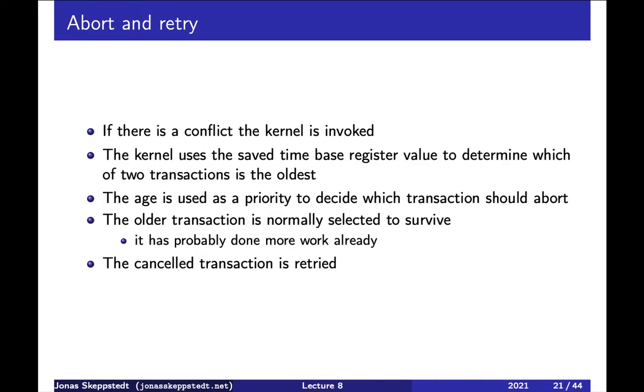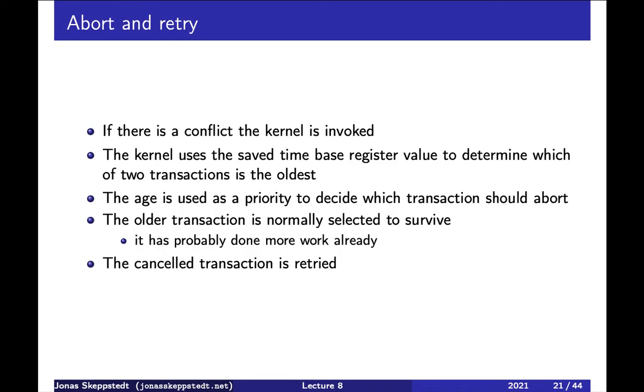Okay, so if there is a conflict, the kernel is invoked, and it has to decide which of two transactions should be aborted. And the reasonable approach is to assume that the older transaction has done more work than a younger transaction.